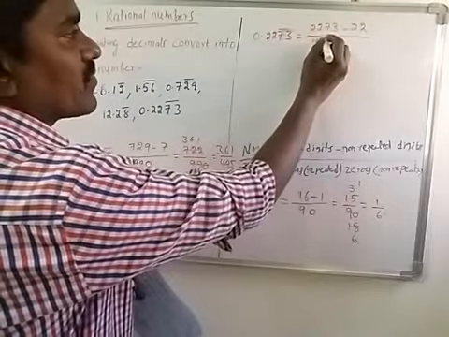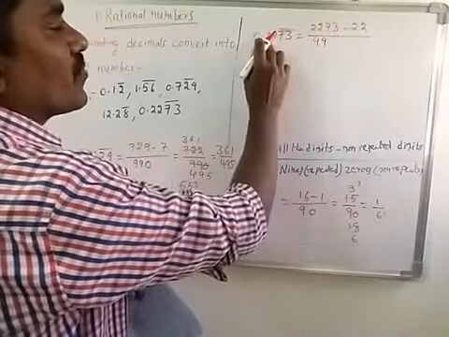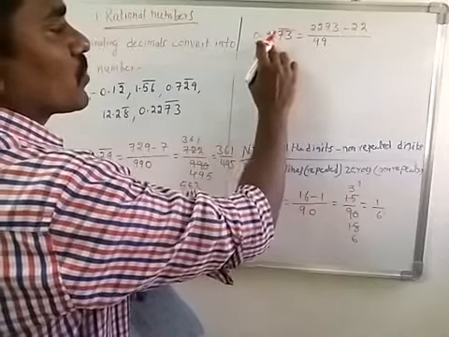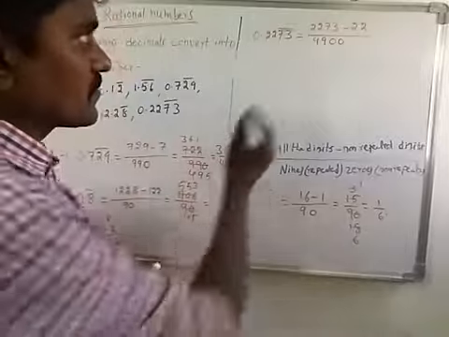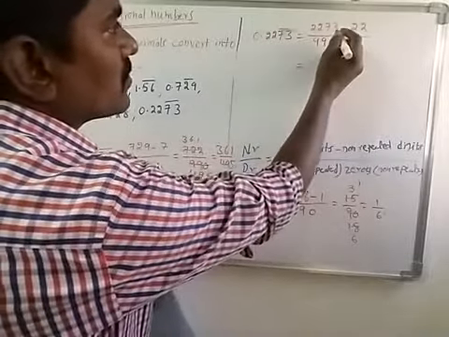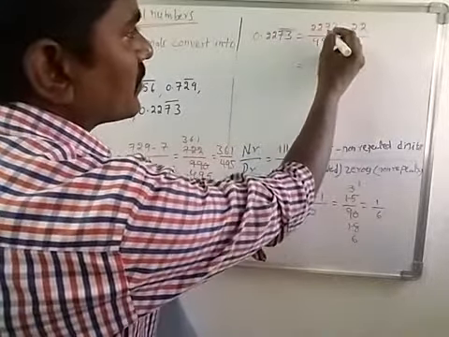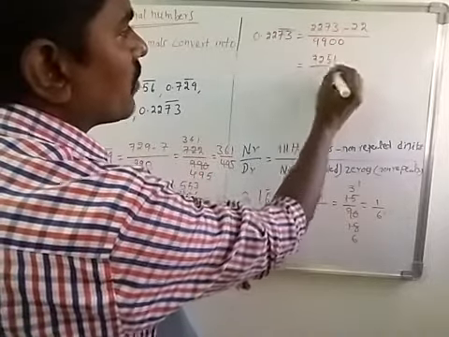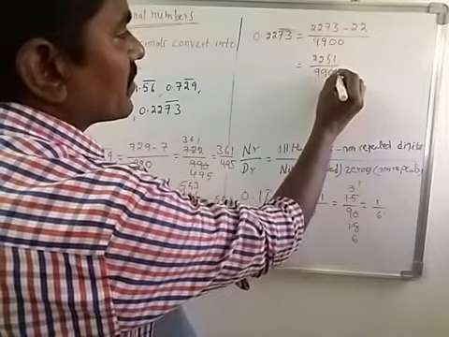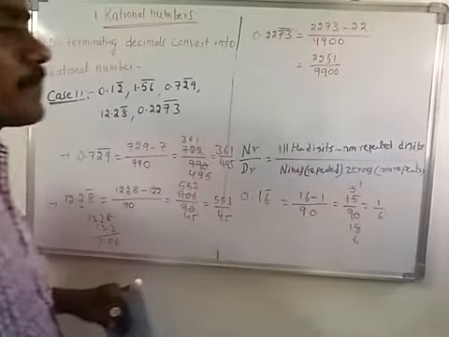We will take as many 9s. How many non-repeated? 2. We will take 2 zeros. That equals 2251 by 9900.